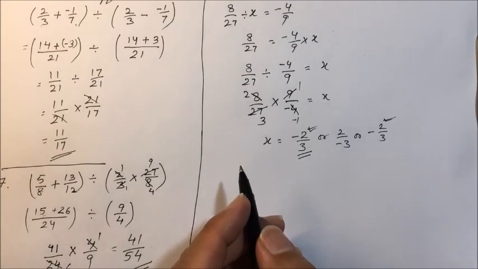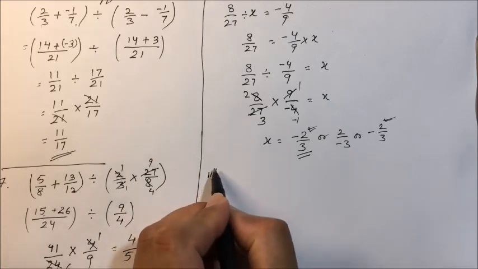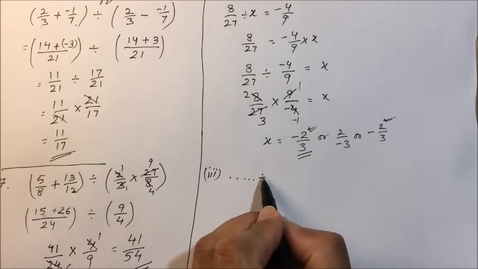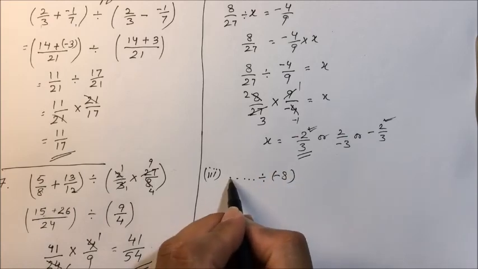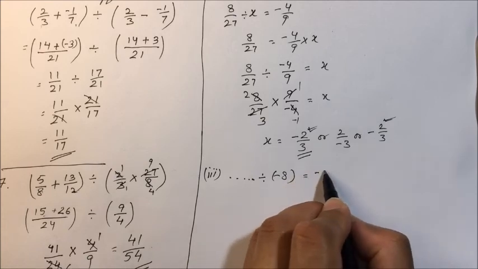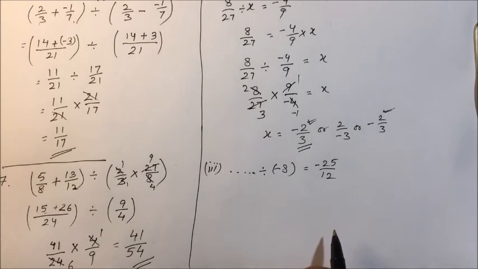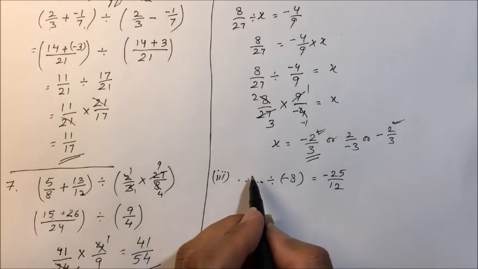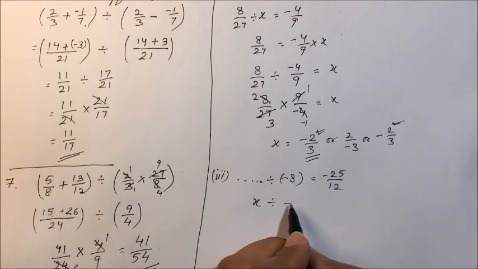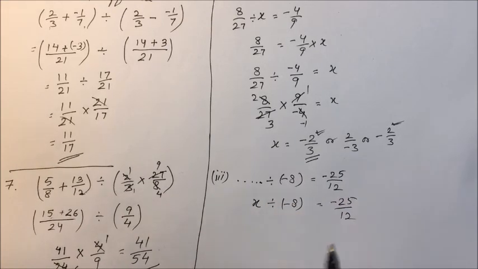Now I'll be taking the third one. This number has to be divided by minus 8, and we are getting minus 25 upon 12. So we have to find this number. Let it be x. x divided by minus 8 equals minus 25 upon 12.